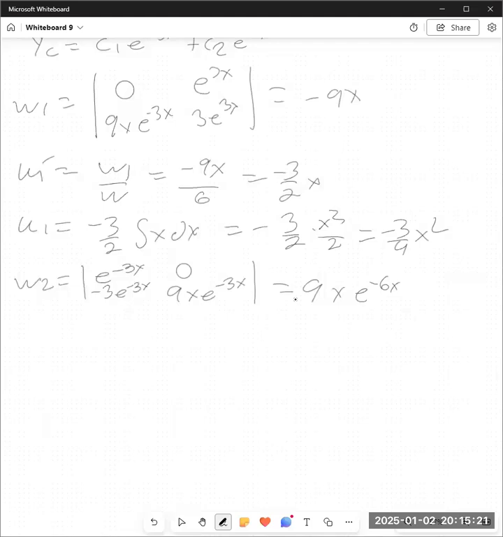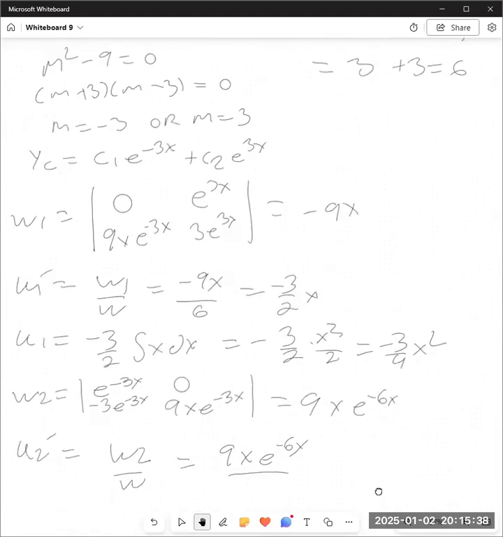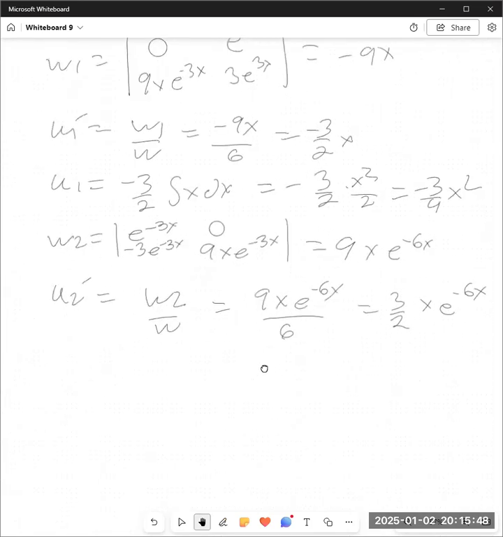And then we have W2 prime is W2 over W. It's 9x e to the -6x over W, which is 6. So we have 3 halves x e to the -6x. We're going to have to integrate by parts there.